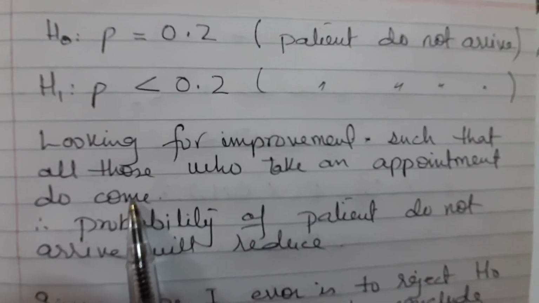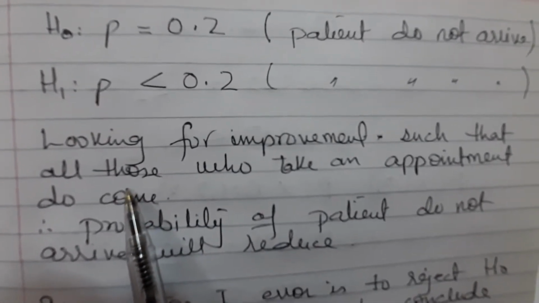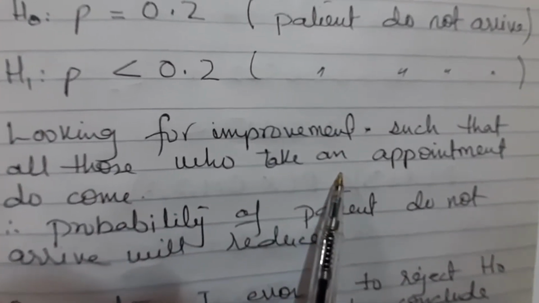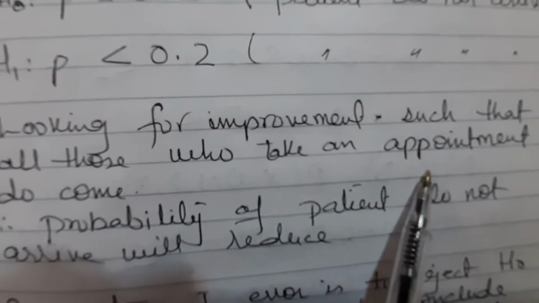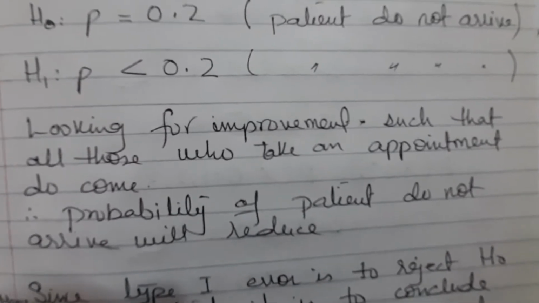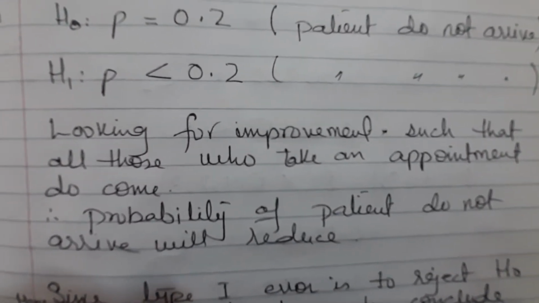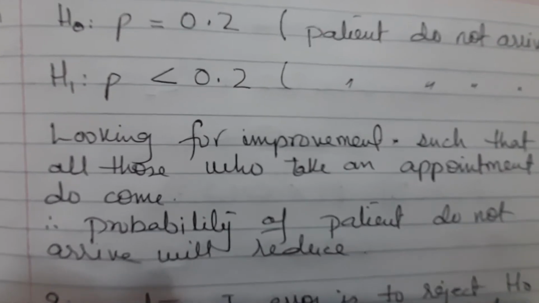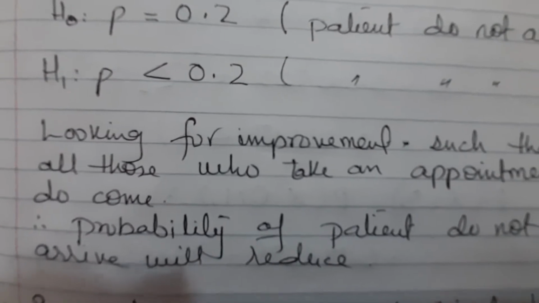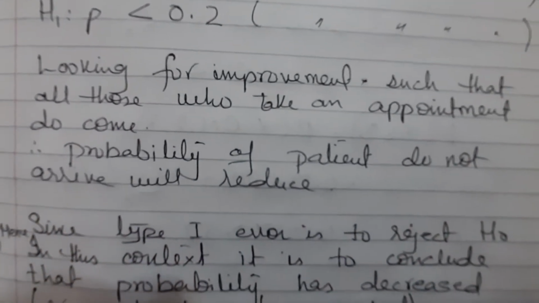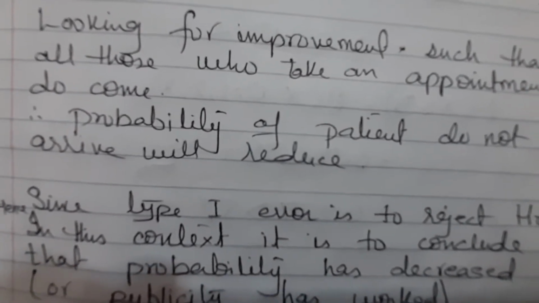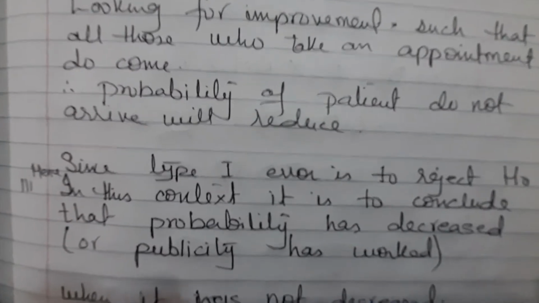So, because the question is asking why the test is one tail, you can say because we are looking for improvement, such that all those who take an appointment do come. So improvement will be everybody who takes an appointment does come. And in the question it is said that after publicity they are expecting it has decreased, that is, the rate of not turning up decreases. So the probability that a patient does not arrive will reduce. That's why it is a one tail test. Now part 3 is saying calculate the type 1 error.